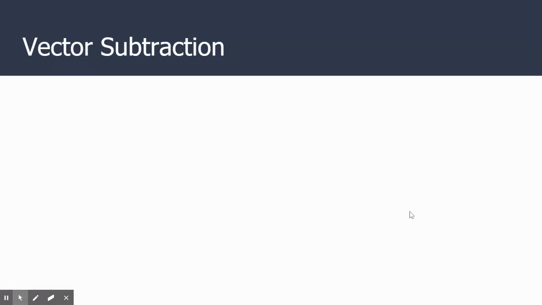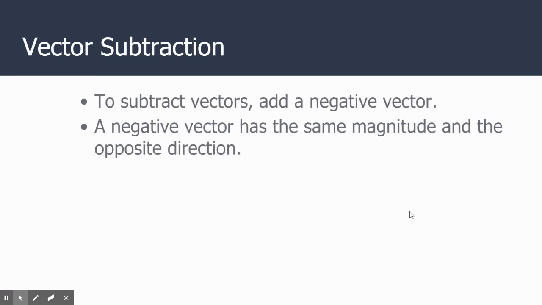Now we need to cover vector subtraction. To subtract vectors, you add a negative vector. It's the same thing as adding, but you're adding a negative vector, and I'll show you what that means. A negative vector has the same magnitude and the opposite direction.